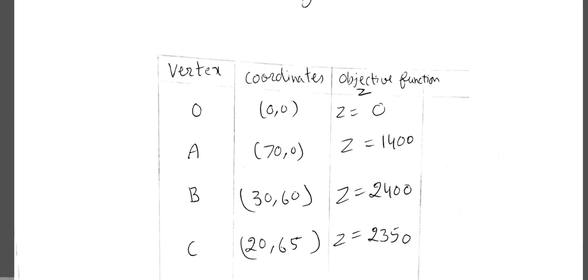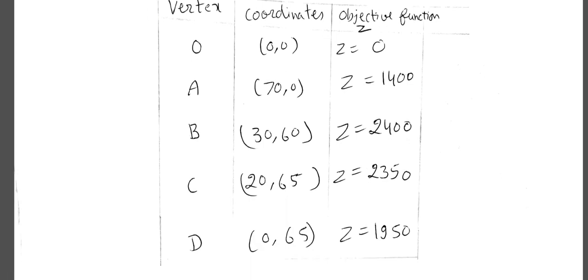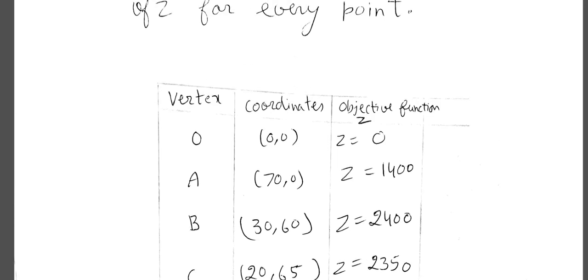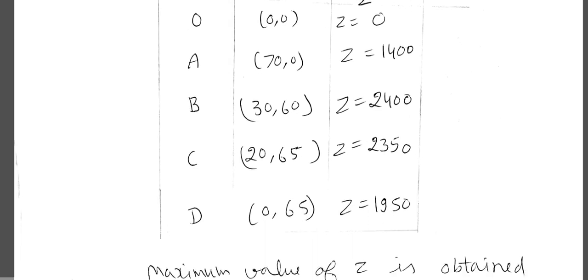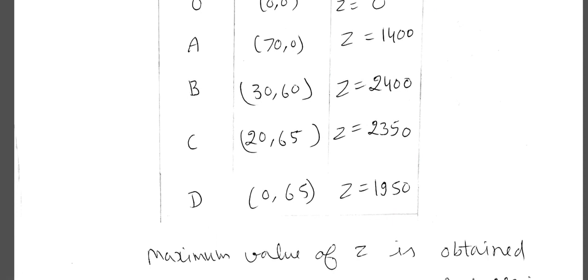So in first column, vertex O, A, B, C, D, and coordinates: O 0, A 70, B 30, 60, C 20, 65, D 0, 65.